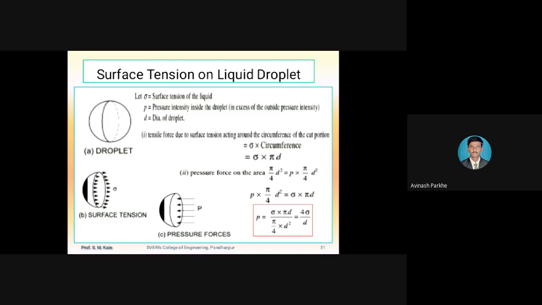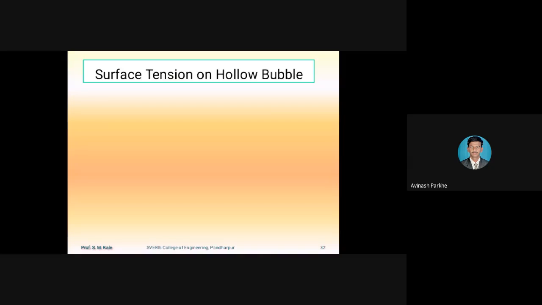This is the pressure acting in a liquid droplet, where sigma is the surface tension and d is the diameter of the liquid droplet. Then we have seen the surface tension acting on a hollow bubble.